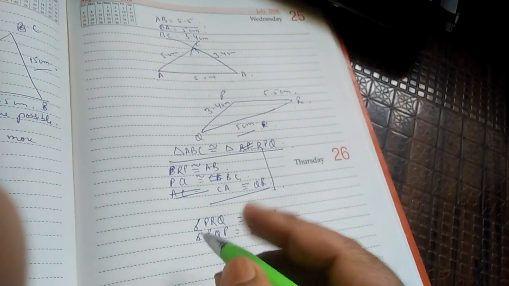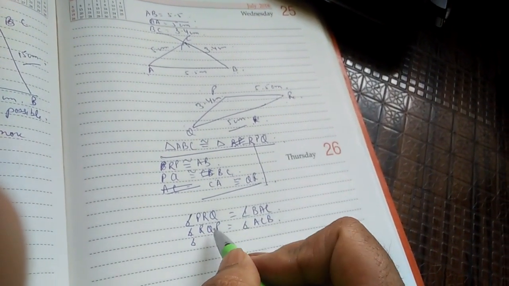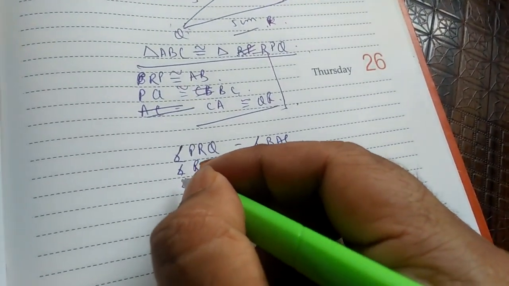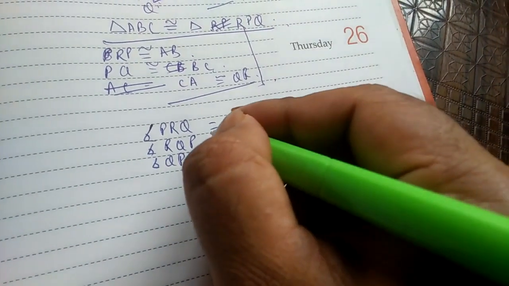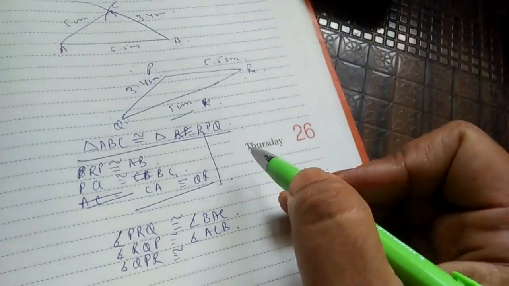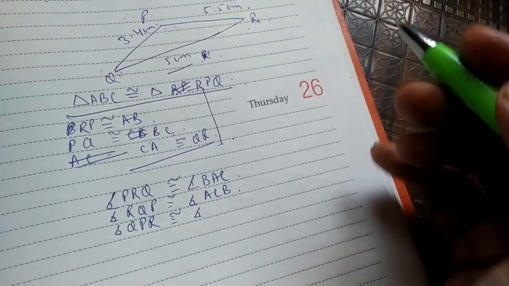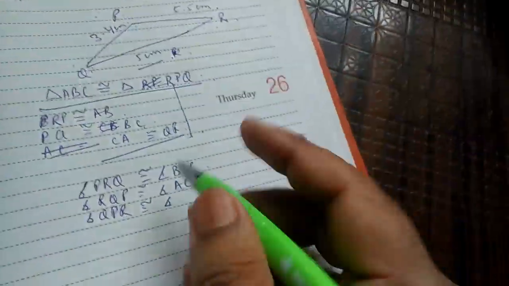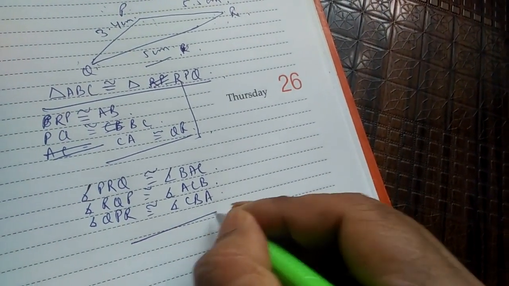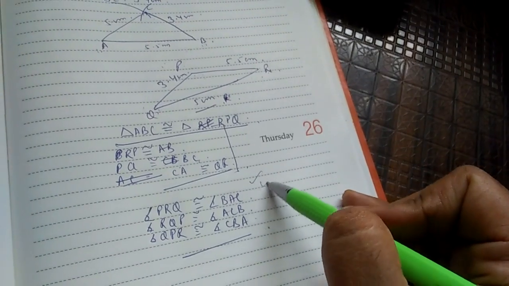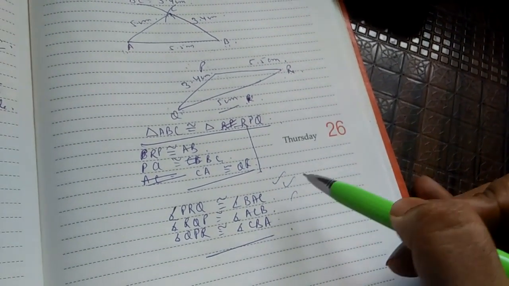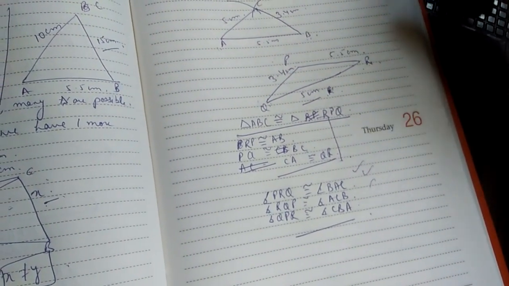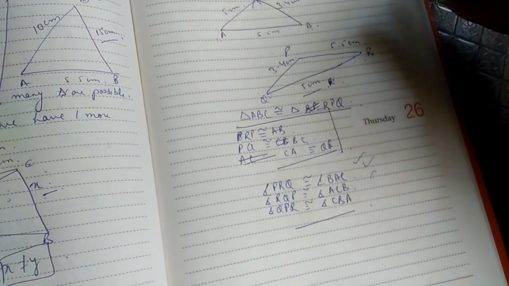Now the third angle, angle QPR, is congruent to the third angle here, angle CBA. So this is how you understand the congruency of triangles when three sides have been given which are equal to each other. Alright, so you can practice a few questions based on this. They will be simple enough.